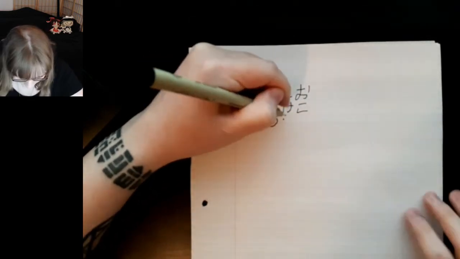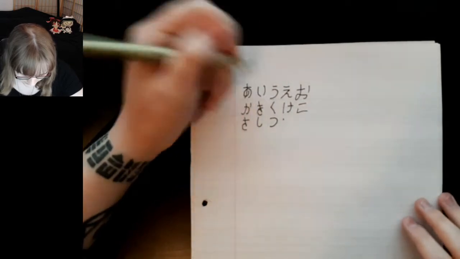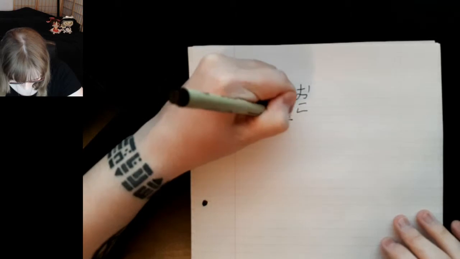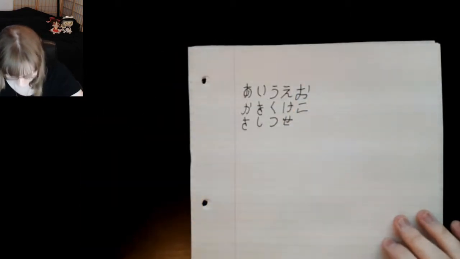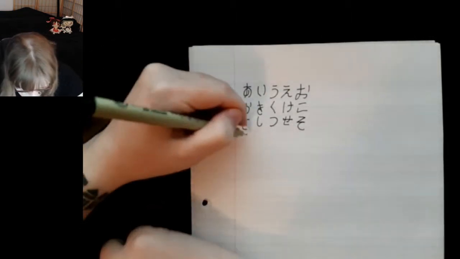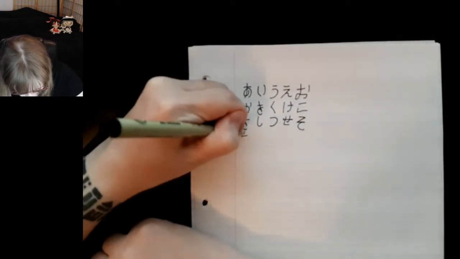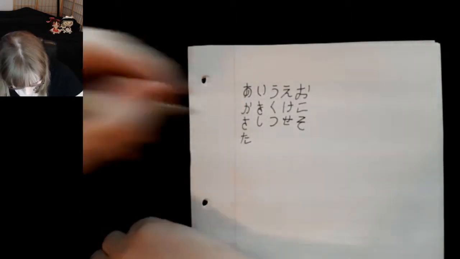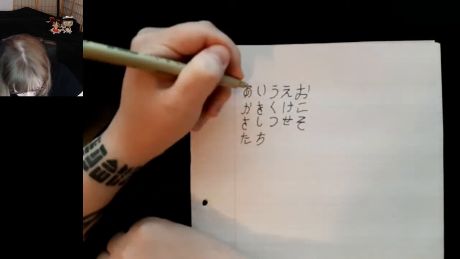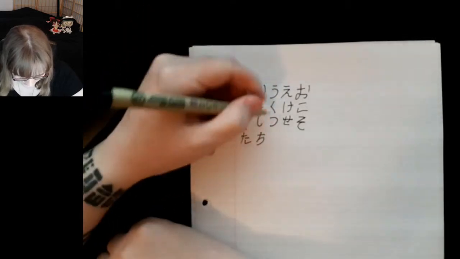Oh man, sorry, Sa, Shi, Su, Say, sorry, yeah, even I make mistakes, Say, and So. But I got it in my head after thinking about it. Ta, Chi, oh, yeah, I did make a mistake.